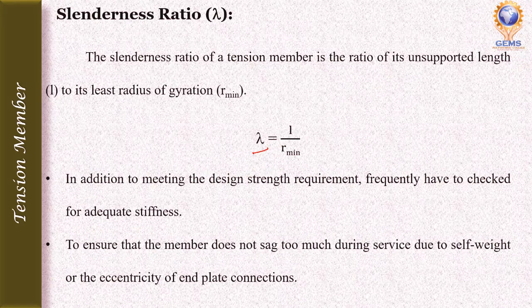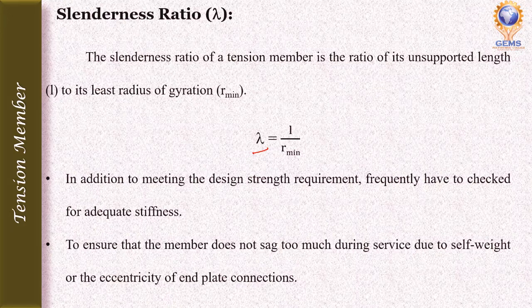This is the formula to find the slenderness ratio. In a tension member, in addition to meeting the design strength requirement, we have to frequently check the stiffness of the tension member. That's why we require the slenderness ratio.